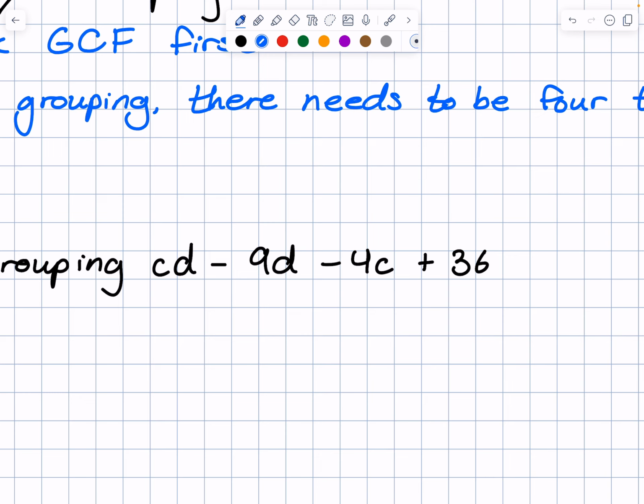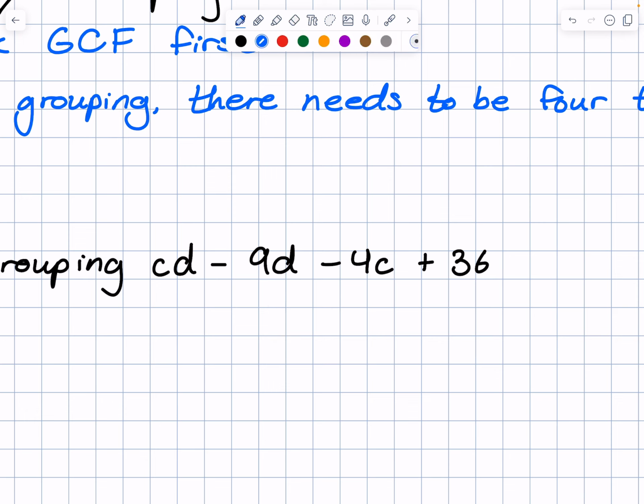So let's see. Do they have anything in common? Well, this one has no number, which means the biggest thing it's divisible by is 1. So we really don't care about the rest of these numbers, because the biggest thing they'd be divisible by is 1. So they don't really have any numbers in common. Then you can check your letters. You might say, well, there's a C, but this one doesn't have a C, and this one doesn't have a C, so they don't all have a C in common.